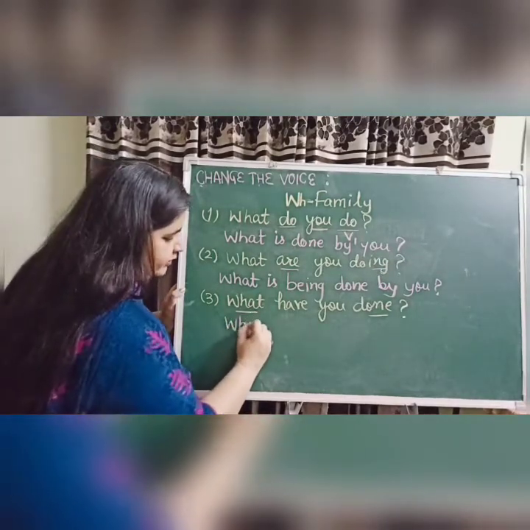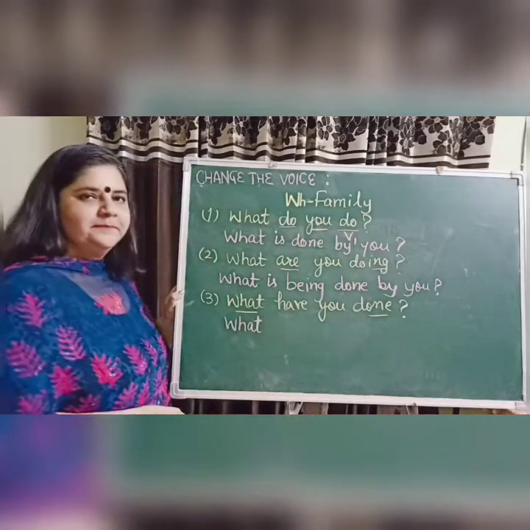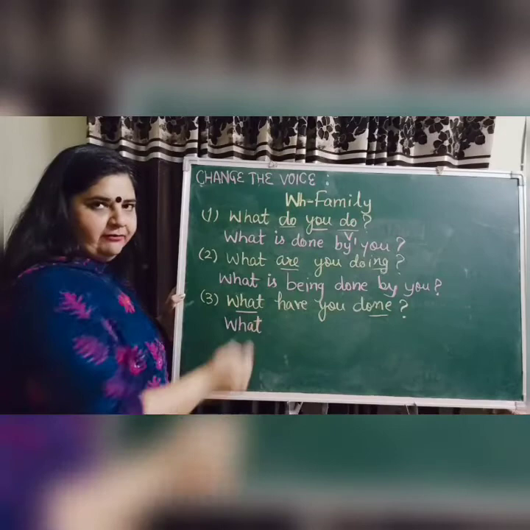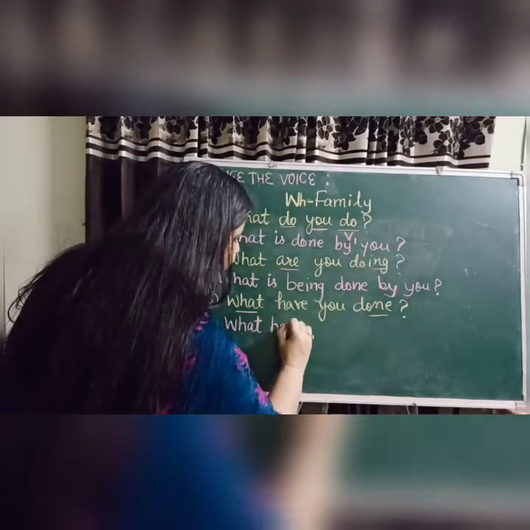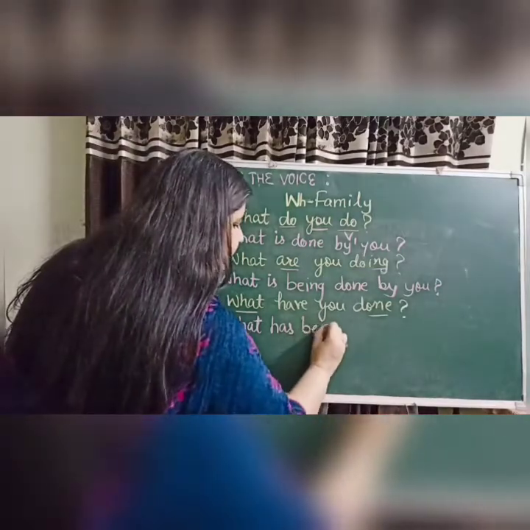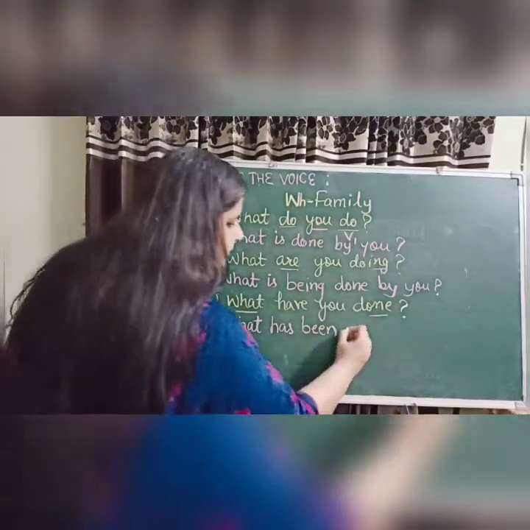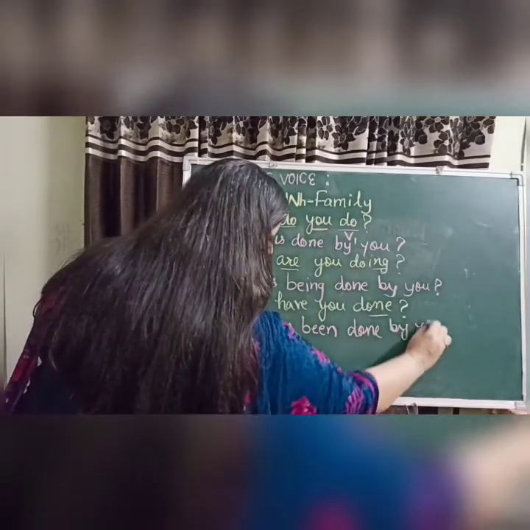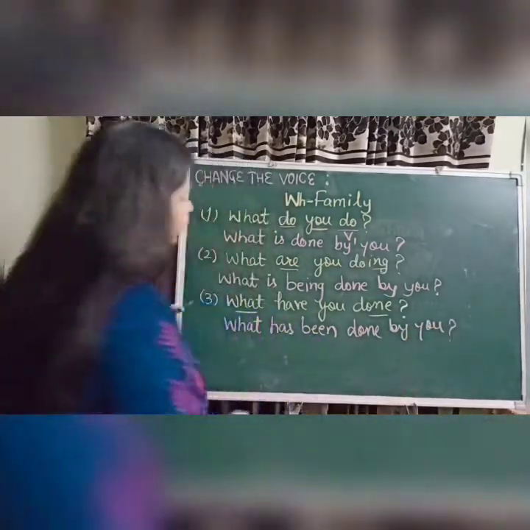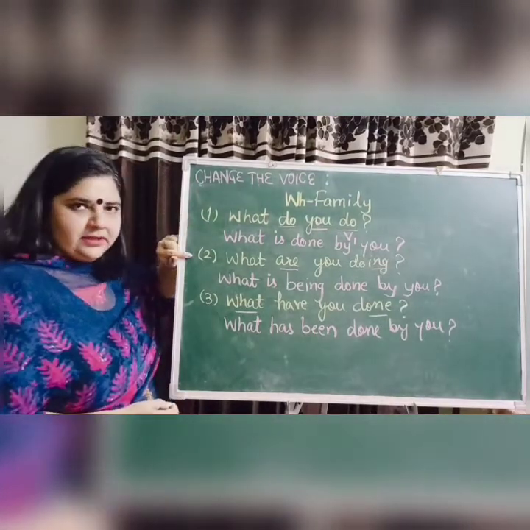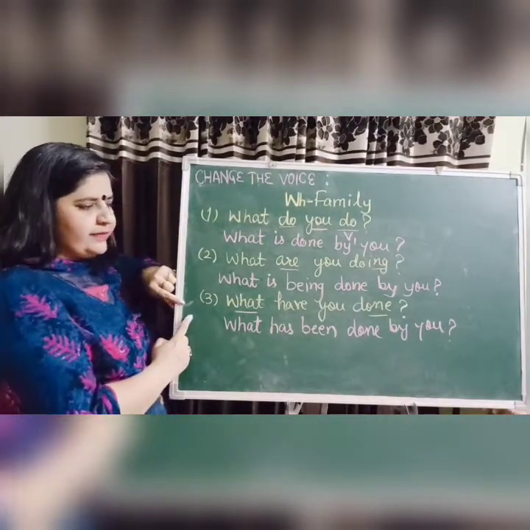In the beginning, what? What next? After removing have, we use has. What has been? Third form, done by you. So this is present indefinite, this is present continuous, this is present perfect.